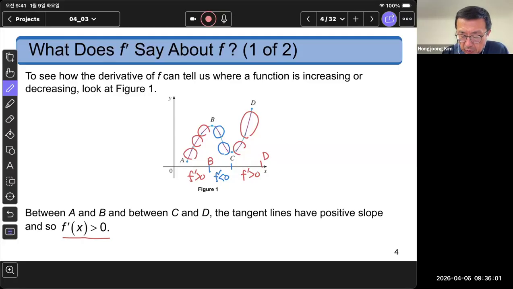So between A and B, my function is increasing. And between C and D, my function is also increasing. However, between B and C, my function is decreasing.